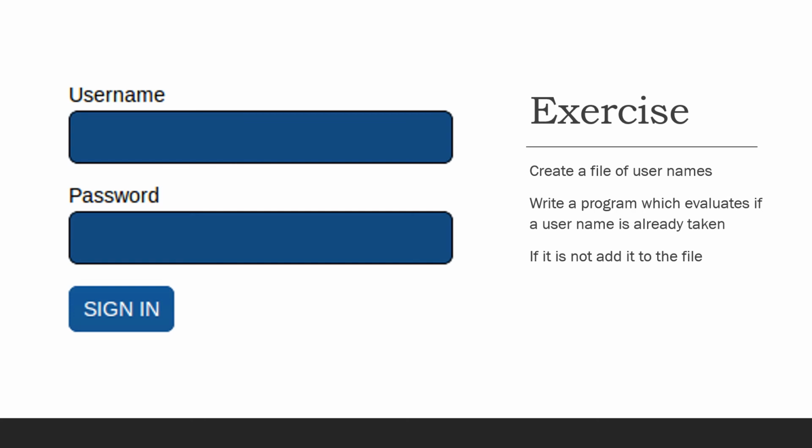You're probably familiar with this. If you try and log on to Instagram or something, TikTok, and your name has already been used by somebody else, you've got to use a different version of your name, for instance, with numbers at the end or something like that. So write a program like that.